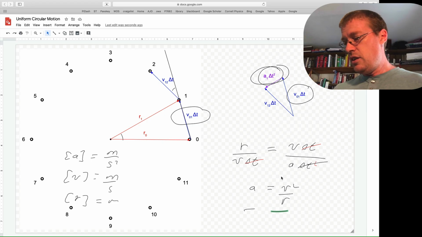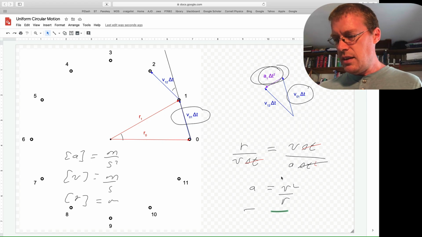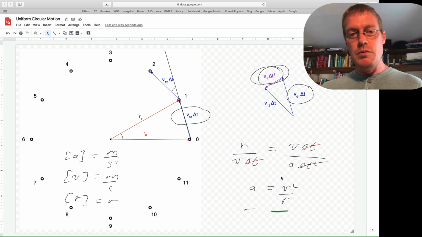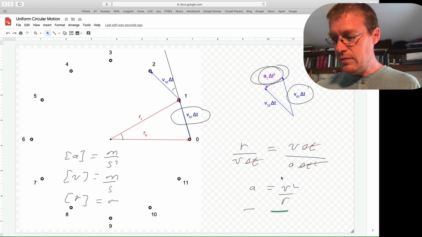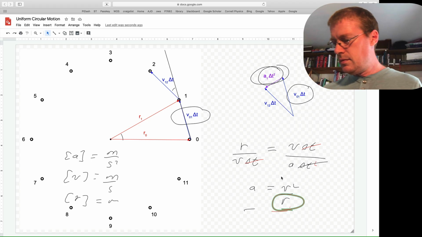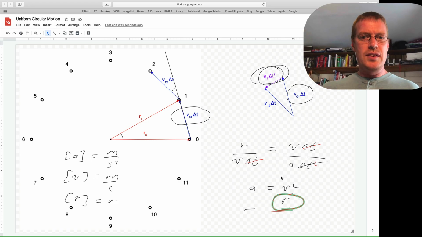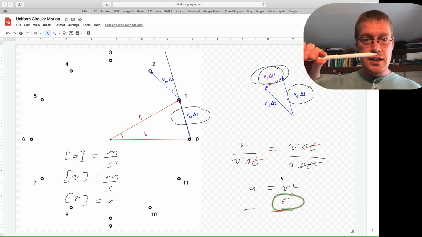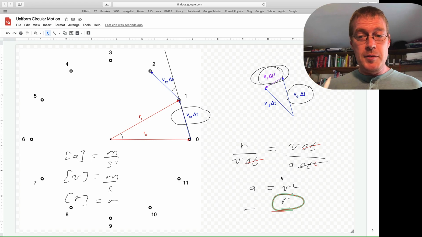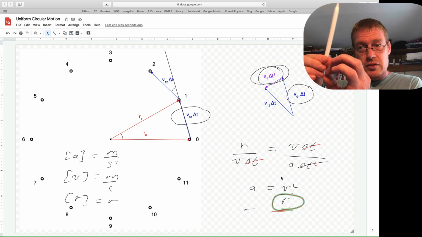The next thing to note is that if I make the radius smaller, then the acceleration is larger. That makes sense. The acceleration is the rate of change of the velocity. The velocity vector is changing more rapidly, even if you're moving at the same speed, if you're on a tighter circle.